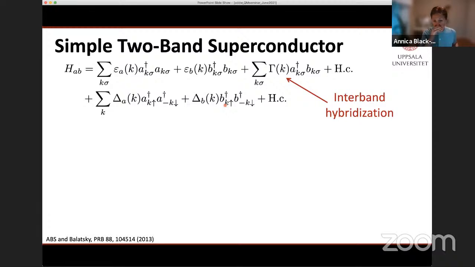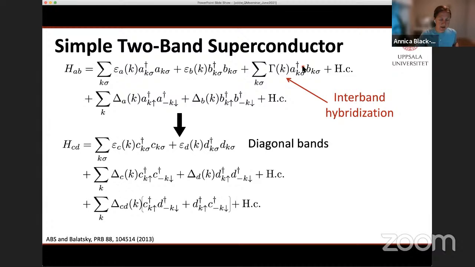But I can add a term that has an interband hybridization. So I'm going to say, okay, my band structure is not completely diagonal. I'm going to add a term that jumps between the two bands, an interband hybridization. You can do this in different ways, but this is the simplest way to illustrate it.